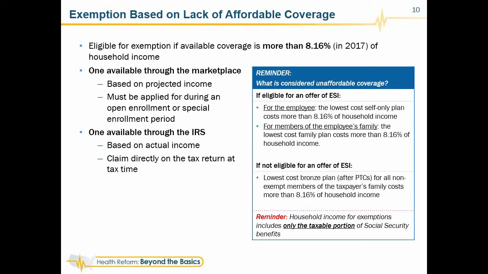And this exemption is available from the marketplace based on projected income. You have to apply for this during open enrollment or a special enrollment period. Or you can claim the exemption later if you're still found to be eligible on your tax return. But then it'll be based on actual income, and you'll claim directly on the tax return, code A.